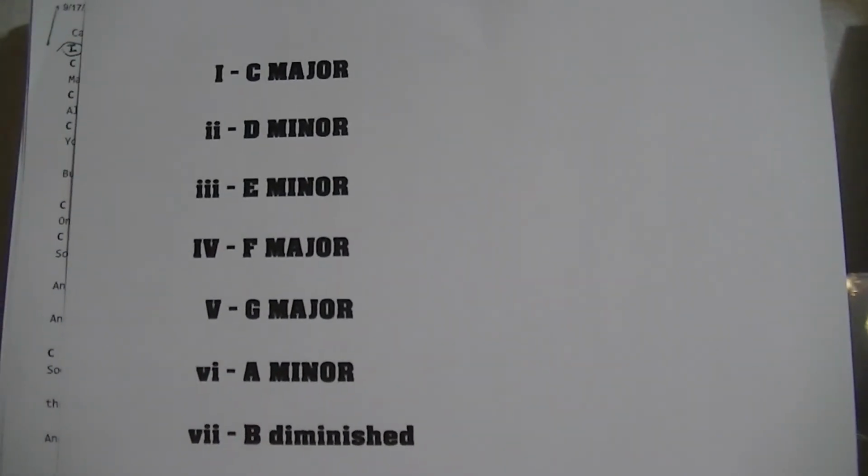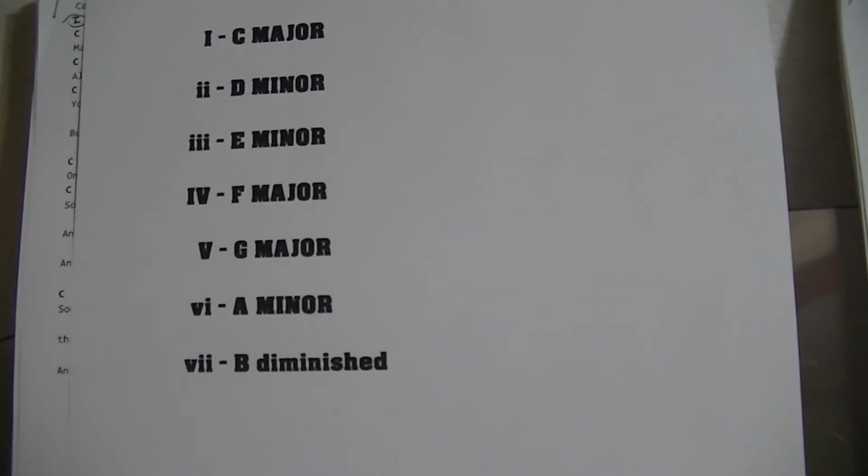So these 7 diatonic chords in the key of C: number 1, C major, symbolized by the Roman numeral 1, and D minor was the second note, E minor is the third, and these symbols apply to the different notes in the diatonic C scale. The fourth one would be F major, and G major, and then A minor and diminished. So that's how the 7 diatonic notes in the C scale would be designated on a sheet of music.